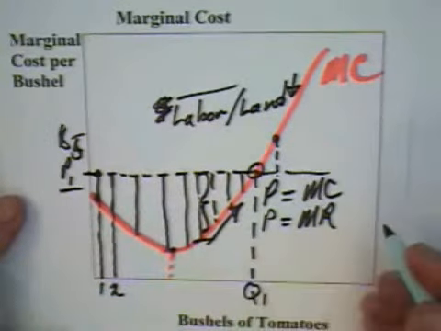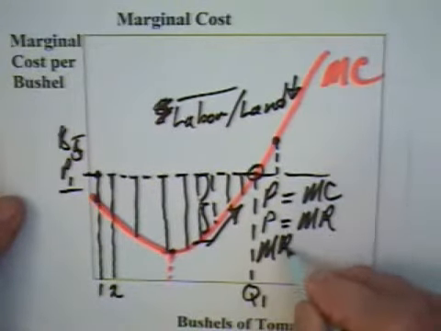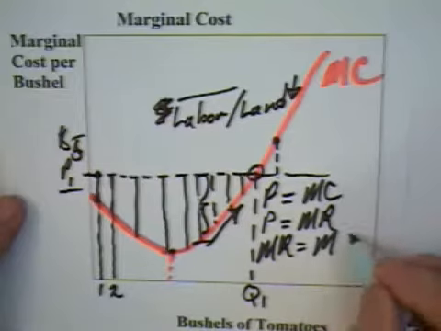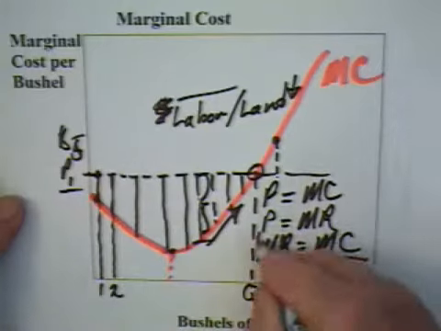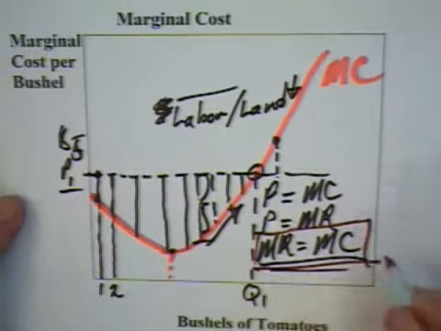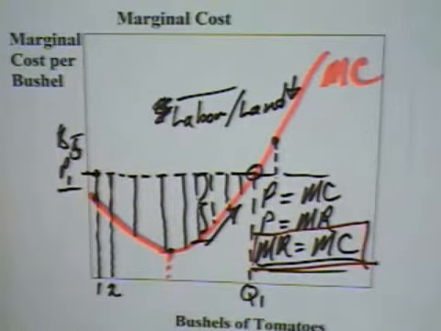So the price is equal to marginal revenue. This, of course, means that a firm should produce where marginal revenue is equal to marginal cost. And this is a very important rule in economics. That is, a firm should produce at the margin where marginal revenue equals marginal cost.